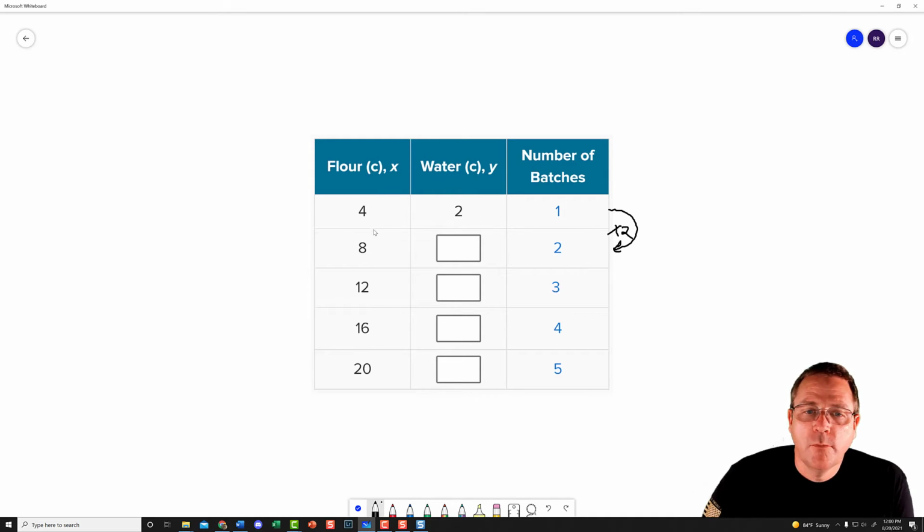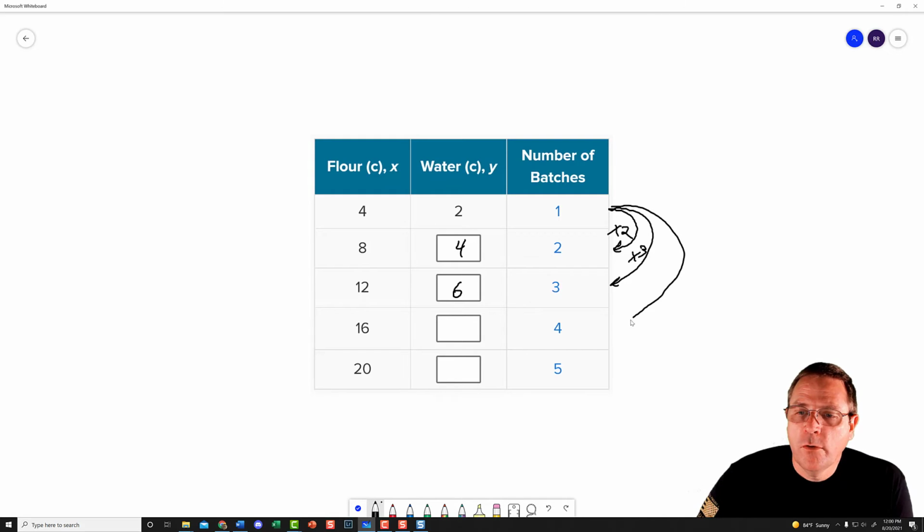So 2 times 4 is going to be 8. 2 times 2, therefore, is going to end up being 4. So my second batch is going to be 4 and 8. To get to my third batch, I'm going to multiply by 3. So 1 times 3 gives me my third batch. 4 times 3 gives me 12. 2 times 3 is going to give me 6.